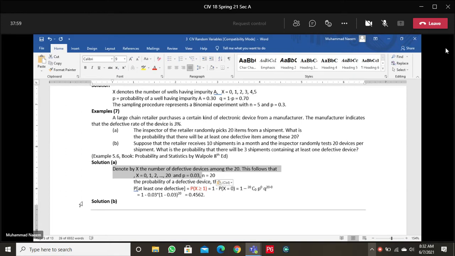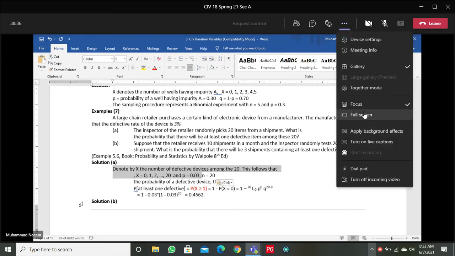If X is showing the number of wells having impurity, P is the probability of a well having impurity A. In tossing a coin, if X is showing the number of heads, P is the probability of a head in a single toss, because a coin is tossed a fixed number of times.